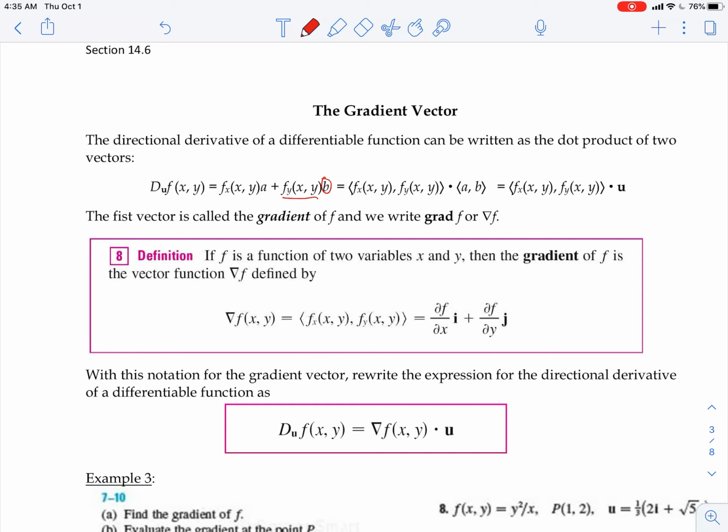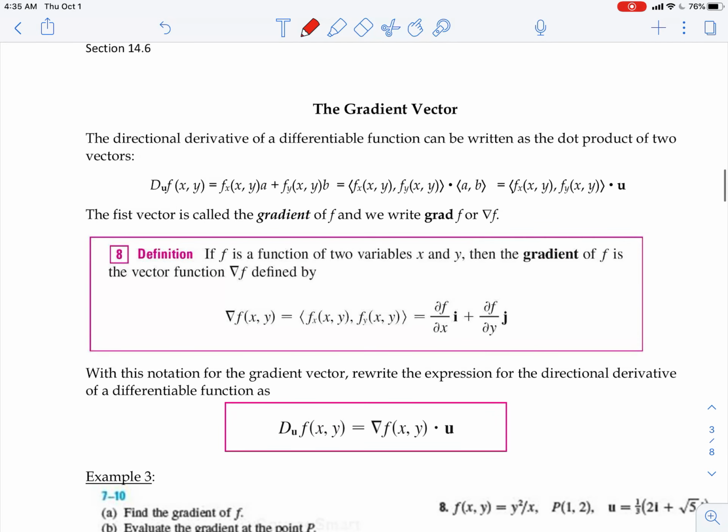So maybe that might look like something where we took two vectors. We have a vector of our partial derivatives with the dot product of our unit vector, which we're going to say is ab. If we did that dot product, again, it's just the first components times each other plus the product of the second components.